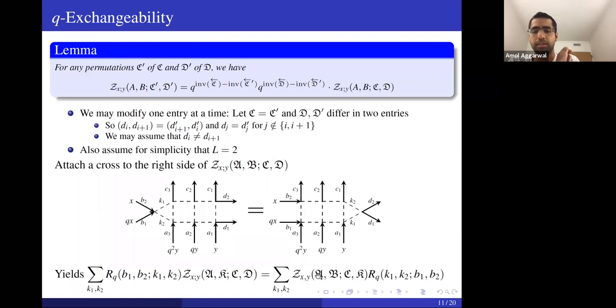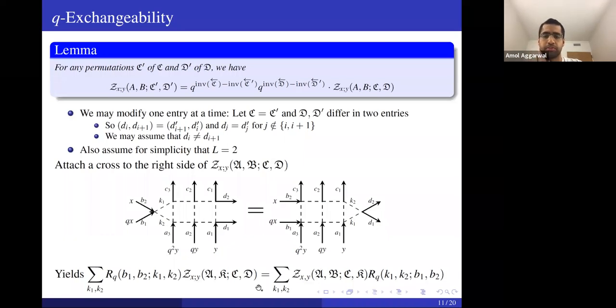So I start out with Z_xy of a, b, c, and now k, which I'll sum over. And then this cross I'm attaching to the right is going to be R. Again, it's going to have spectral parameter q given by the quotient of qx divided by x. And it's going to have k1 coming in from the bottom, k2 coming in from the left, d2 exiting from the top, and d1 exiting from the right.